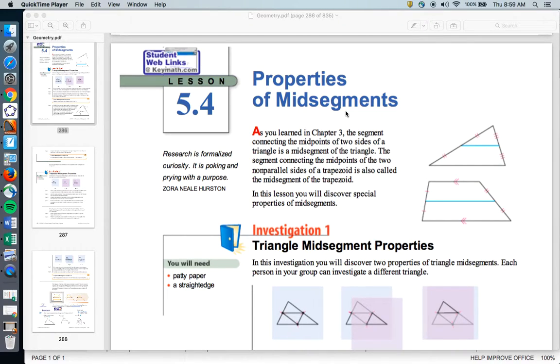Here we go, guys. This video is going to cover the second part of content for today's class, which is 5.4 in the text, properties of midsegments.